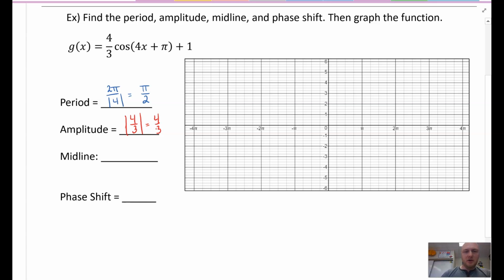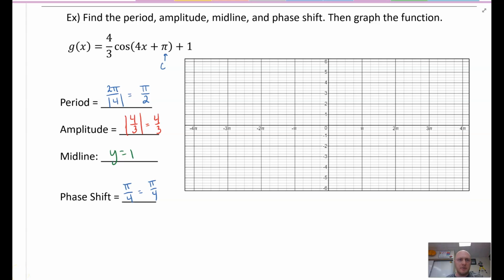And then our midline, y equals 1, is our k value. And our phase shift is going to be the c value, here's c, divided by b, which is 4. So we're going right pi fourths. And we have a period of pi over 2.